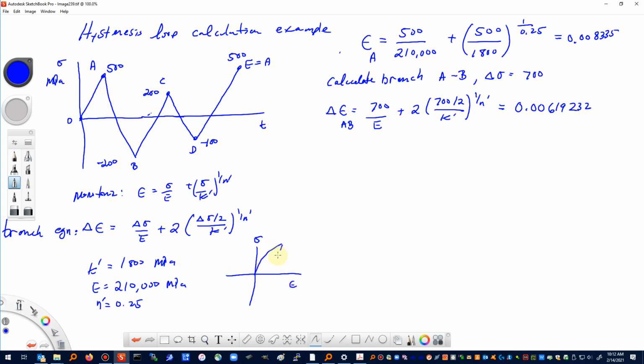So going up to here, we said it comes down to here. It's going to go up to here, and then it's going to here, and then it's going to be closing this one and then closing that one. All right, so here's A, B, C, D, and then E. The next branch is going to be B to C.